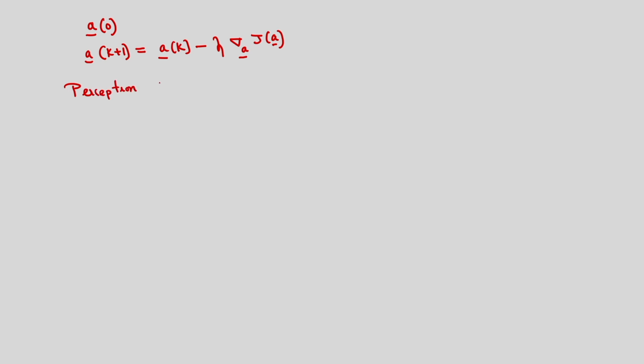The criterion function is Jp A, and we have considered like this in the last class. It is minus A transpose Y, and we are only considering the misclassified samples, because the problem is because of the misclassified samples. So we are considering only the misclassified samples for all y which are misclassified.